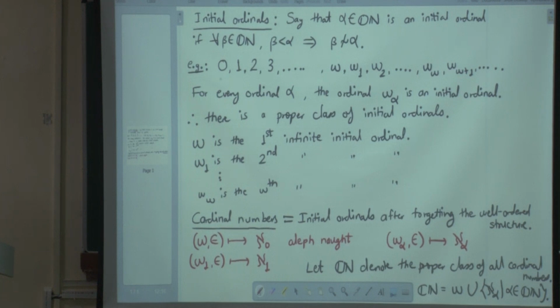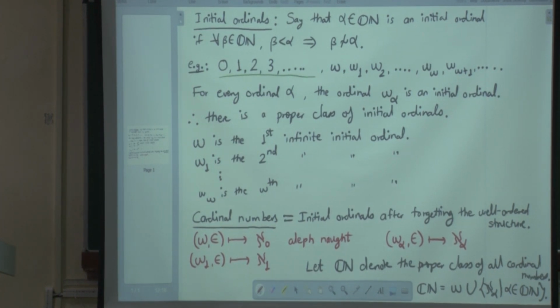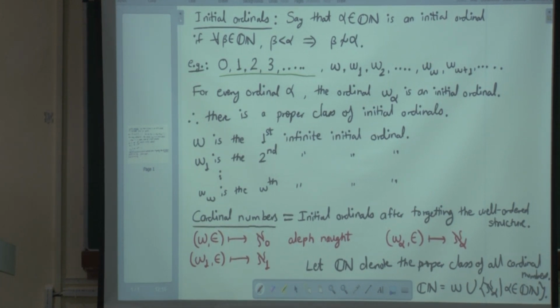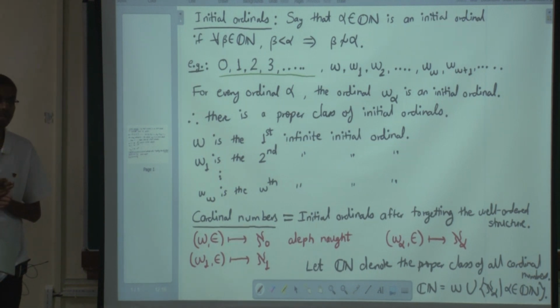See, what are the first initial ordinals? These ones, they are elements of omega. And then the next ones, well, if I replace omegas with alephs, then I will get all the cardinal numbers. So that's precisely what I have written here at the bottom. Yeah, cardinal numbers is the class of finite cardinal numbers and infinite cardinal numbers. Any questions so far?